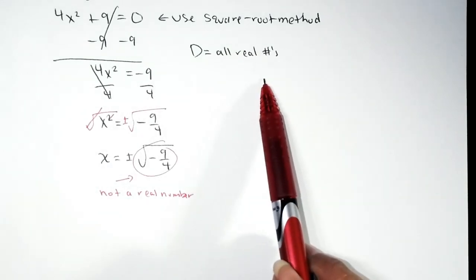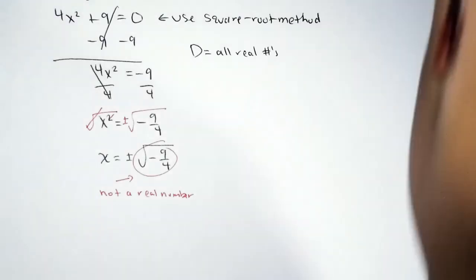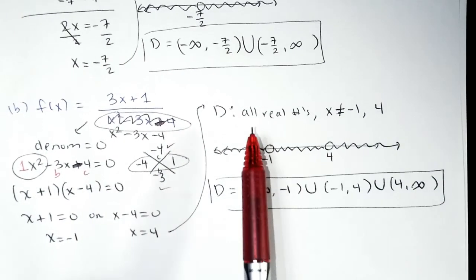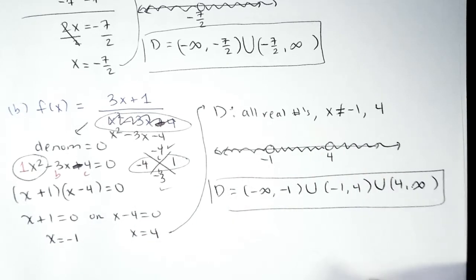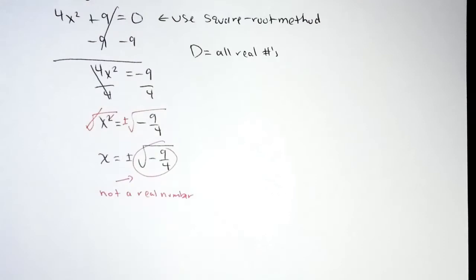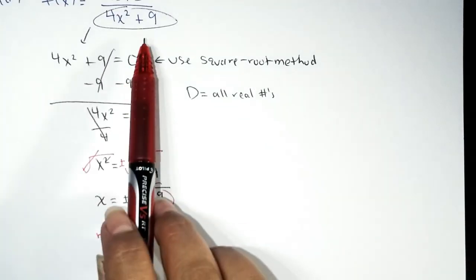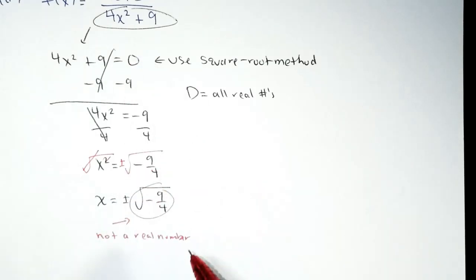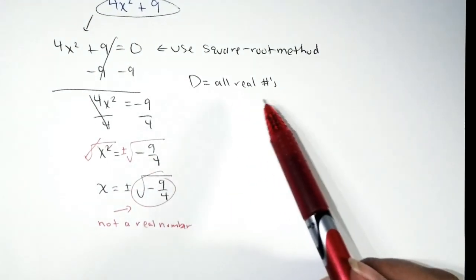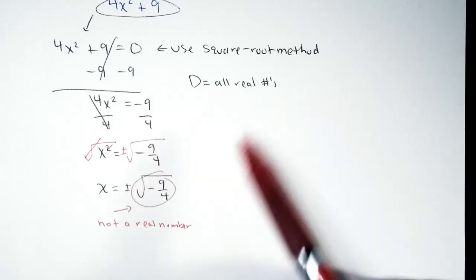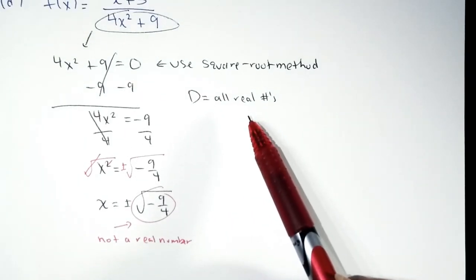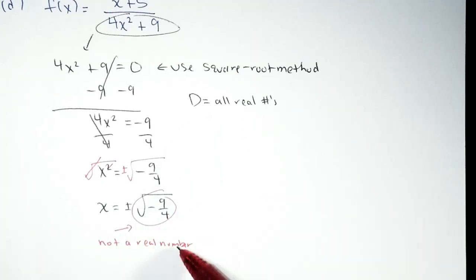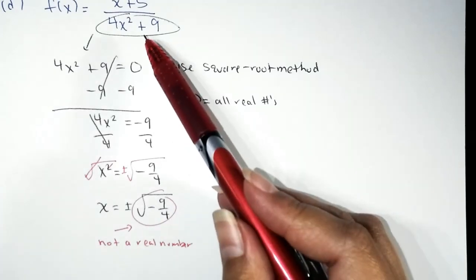It's all real numbers except for, going back to an earlier problem, whatever makes the denominator equal to 0. For this funny problem, there's no real number that will make the denominator equal to 0. So in this case, the domain is all real numbers, and we're not going to say except for that non-real number. The domain is just all real numbers once again, because there's not a real number that will make the denominator equal to 0.